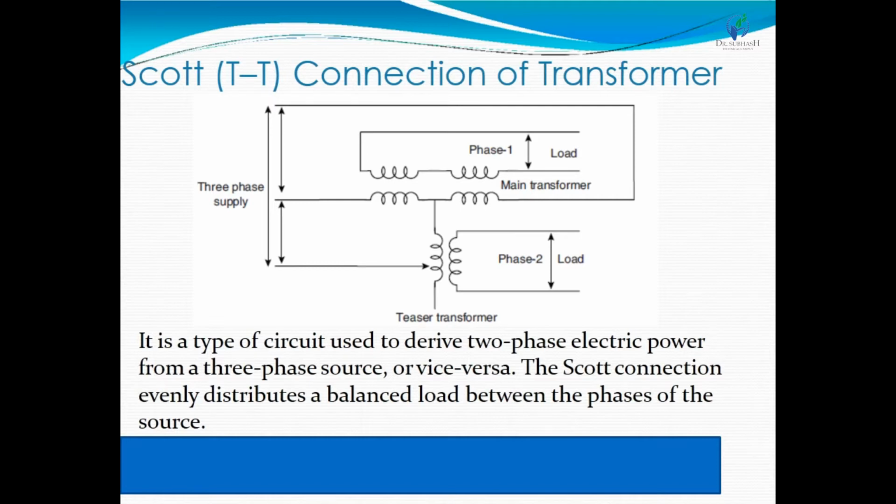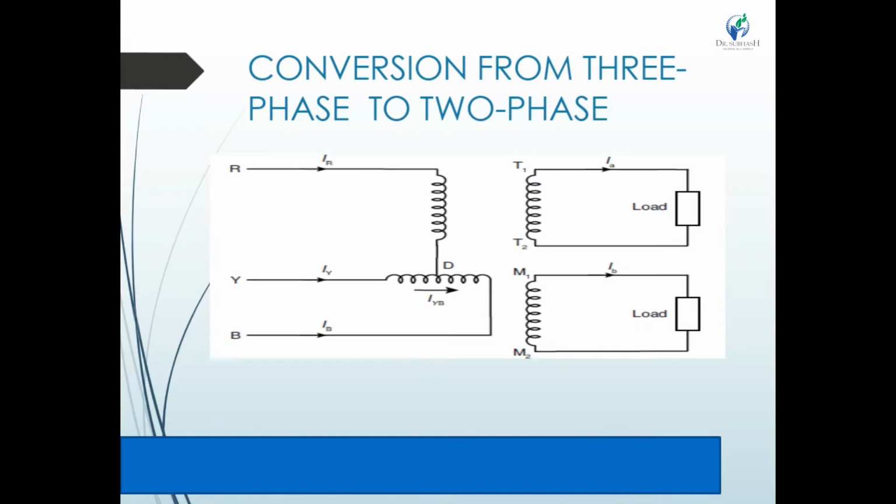For such applications, phase conversion from three phase to two phase is needed. The three to two phase conversion is shown in this figure. The two phase voltages should have a 90 degree phase shift with respect to each other. Here is the conversion figure of the three phase to two phase transformer.